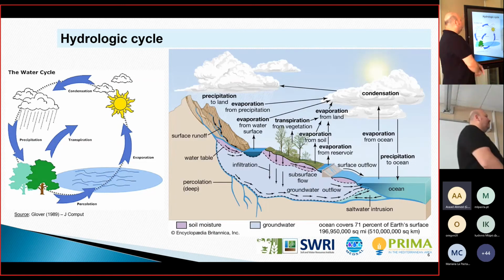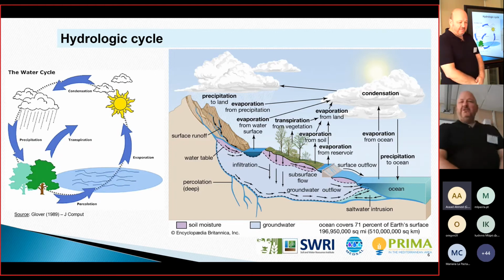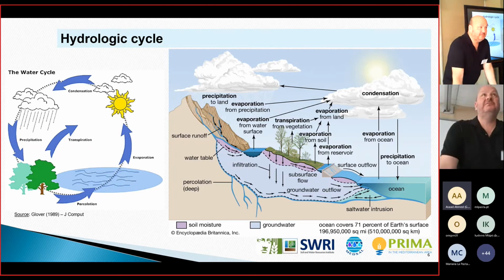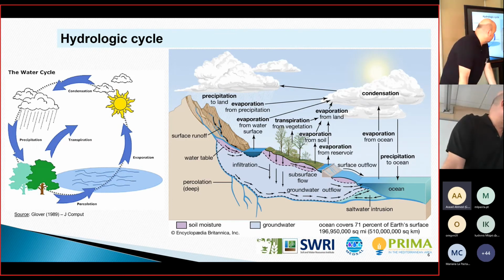So here is another, more detailed presentation of the hydrological cycle. You can see that we have several components of evaporation: from the oceans, from land, from reservoirs. As the water precipitates on the surface, part of the water becomes surface runoff, and another part infiltrates into the soil and recharges groundwater.